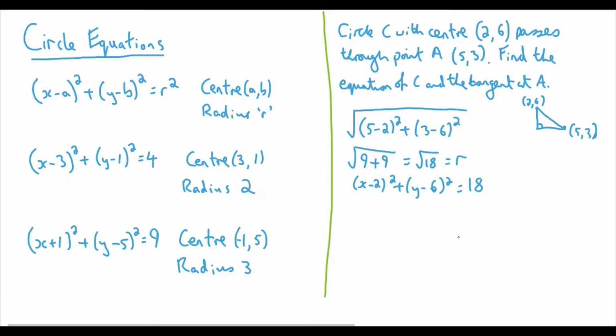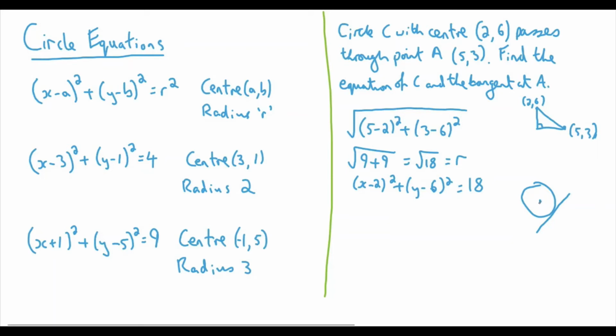Now, as for the tangent at A, we need to know the gradient of the circle at point A. We already know the coordinates. We don't have to worry about working that out. But if we were just to imagine our circle as being something like this, and then again you've got your tangent at (5, 3), so that's going to be something like this.